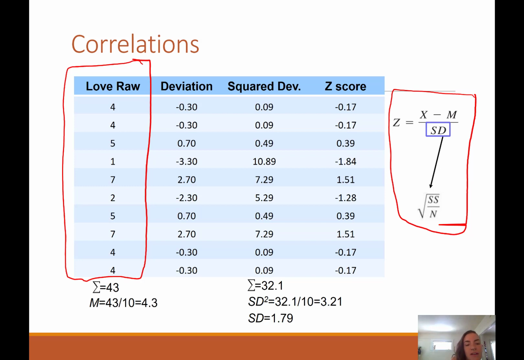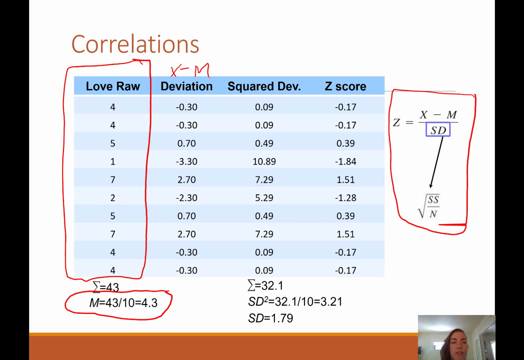You can see that I've done that down here at the bottom of the first column. If you add up all those scores, we get 43, divide by 10, which is the number of scores, to get a mean score of 4.3. So the average tendency of falling in love score for this sample is 4.3. Then we can calculate deviation scores, and remember deviation scores are x minus M for each person.